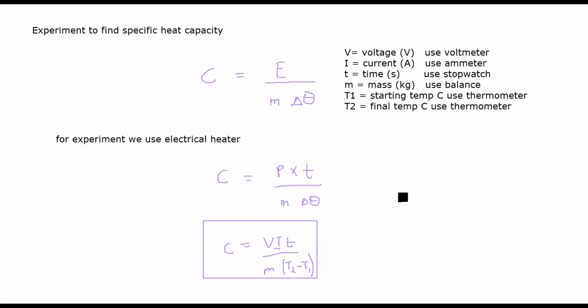So these are the apparatus and quantities which we use to calculate the specific heat capacity of any material. How it is done, I will show you, but this is a simple way to get the specific heat capacity of any material. Take a screenshot, then I will show how it is used in the experimental procedure.